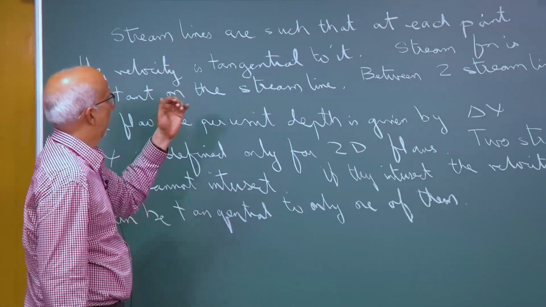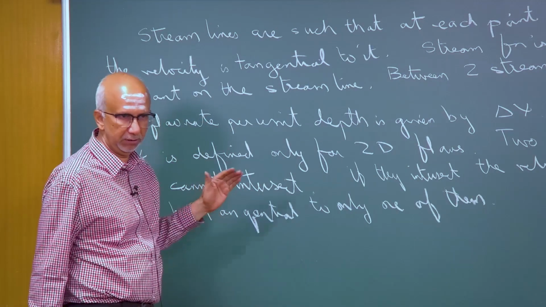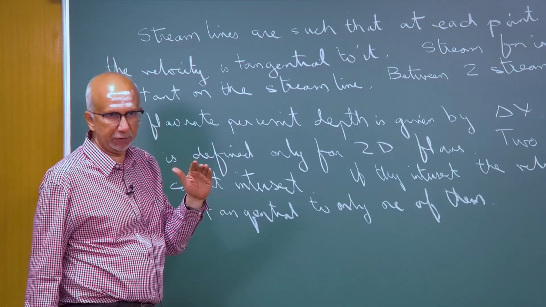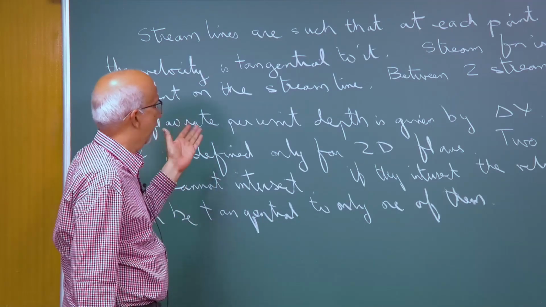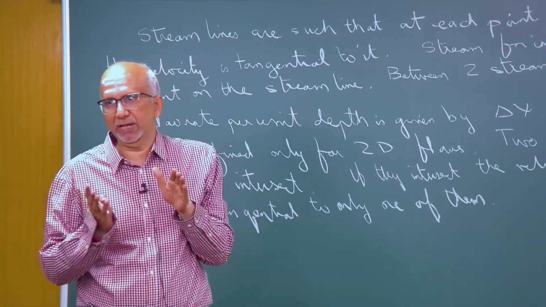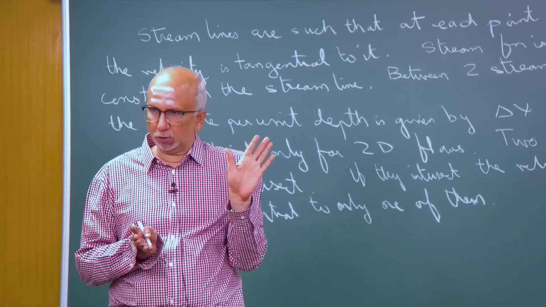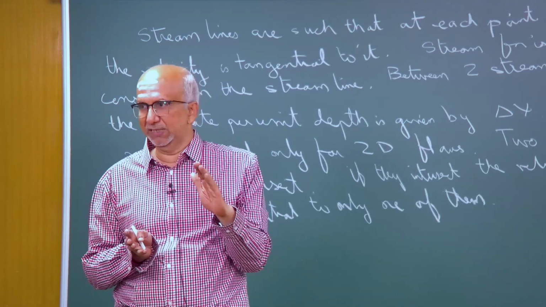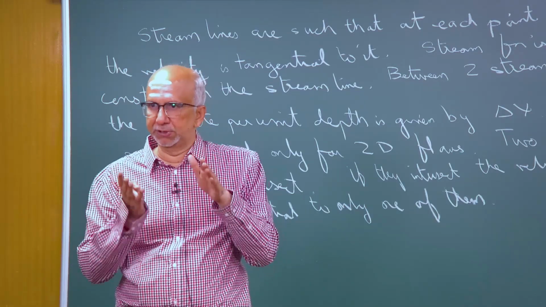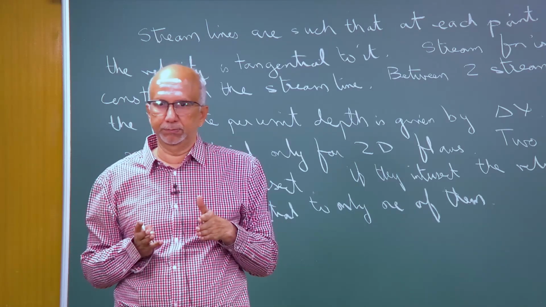So, these are basically imaginary lines where the tangent to each line is in the same direction as the velocity vector, okay, and you can think of these streamlines as if they are walls, because the liquid cannot penetrate, there is no normal component of velocity, velocity component only in the tangential direction. So, you can think of these streamlines as hypothetical tubes between which the liquid is flowing, okay.